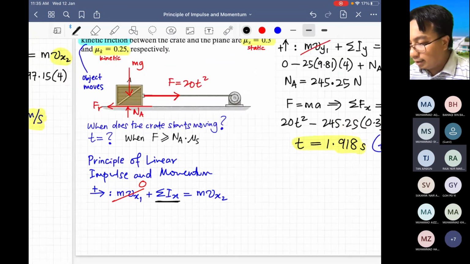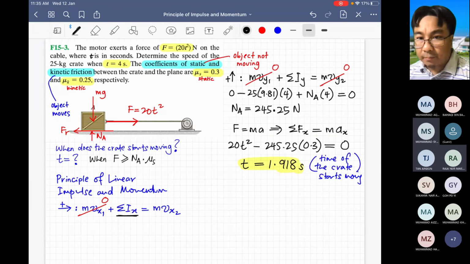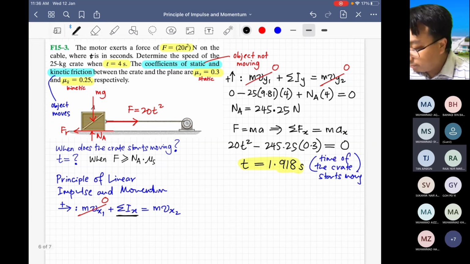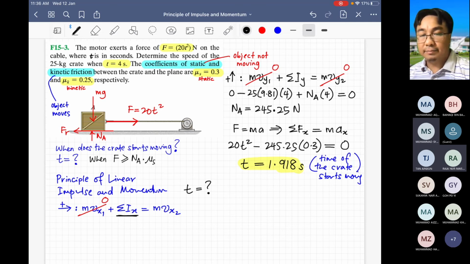So what is the actual time sebenarnya, t yang kita kena darab? t yang kita kena darab ni sama dengan berapa untuk calculate impulse? Impulse ni semasa dia bergerak tau. So semasa dia bergerak, dia nak tahu t sama dengan 4.